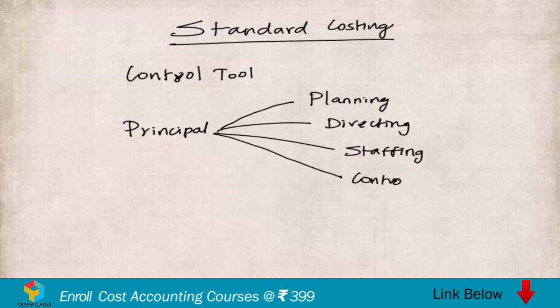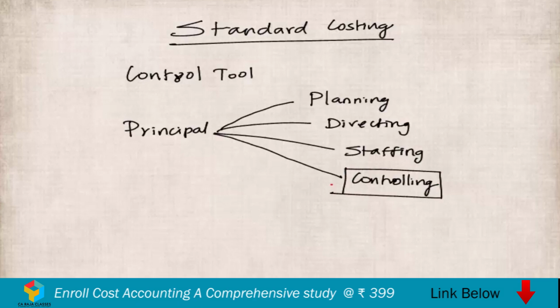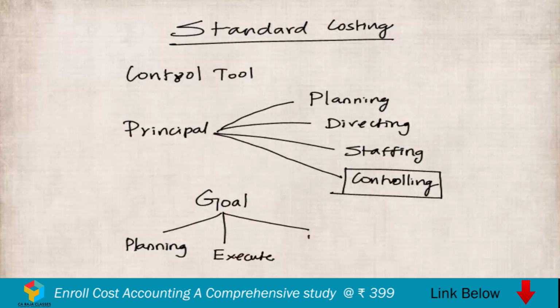So I said standard costing is a control tool, and for that we have to understand the principal functions of management, which involve planning, directing, staffing, and controlling. So why should a management control? It's because every management has a goal, and if they want to achieve the goal they have to do planning, and they have to ensure that they are executing, and they should ensure they are monitoring the process.